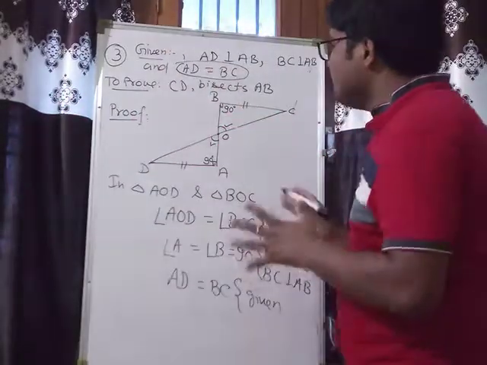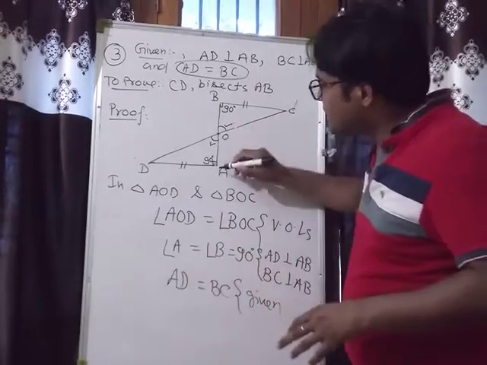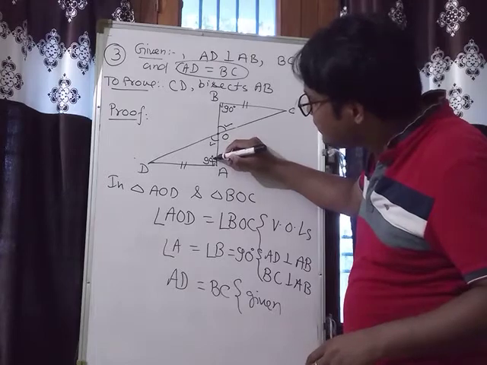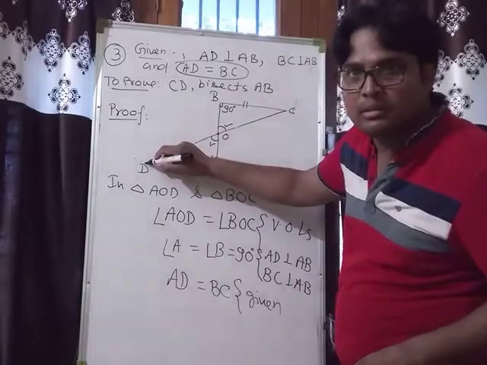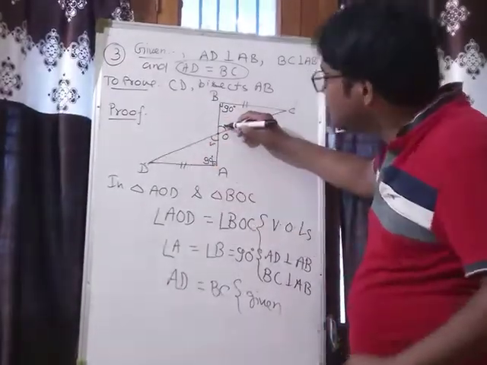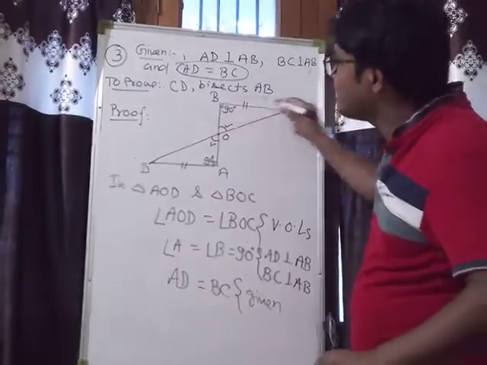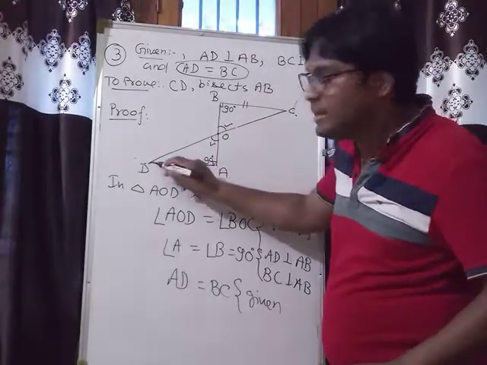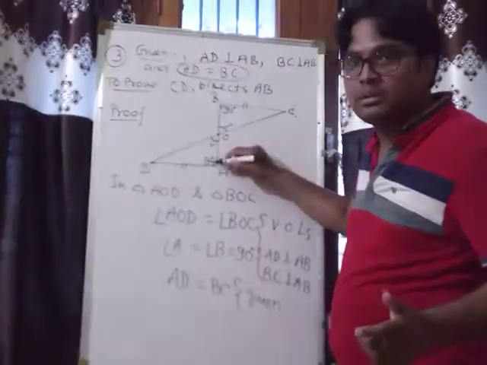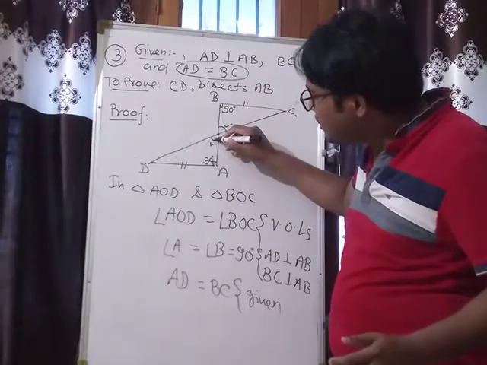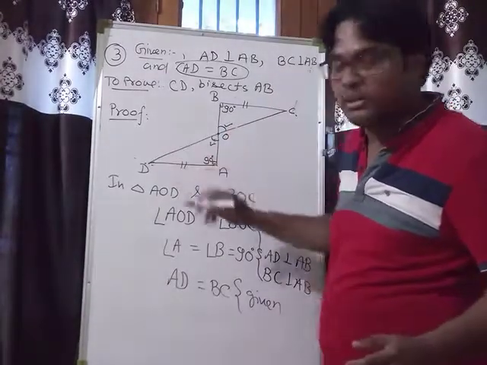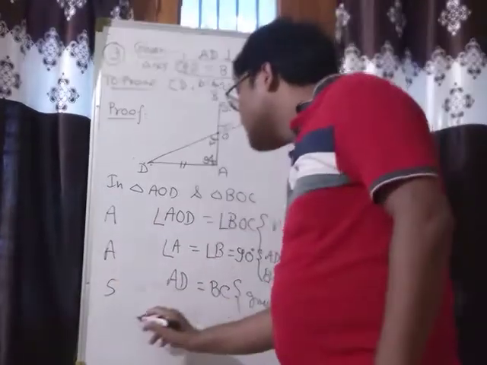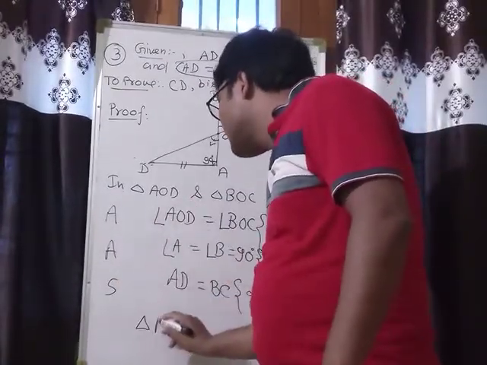Okay. Clearly, in triangle AOD, this angle and this side are equal to this angle and this side. So by angle angle side property, because this side is not included between these two angles, the two triangles will become congruent.